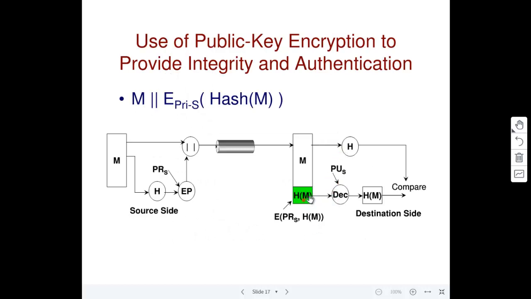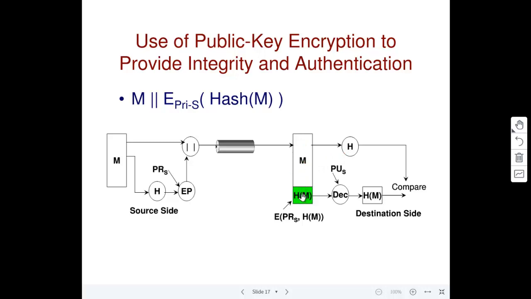So if the hash value was encrypted by the attacker using his private key, and the receiver uses some other key, which is the original sender's public key, the hash value again will come out as a hash value, but that won't match with the hash value that the receiver will compute for the modified message.